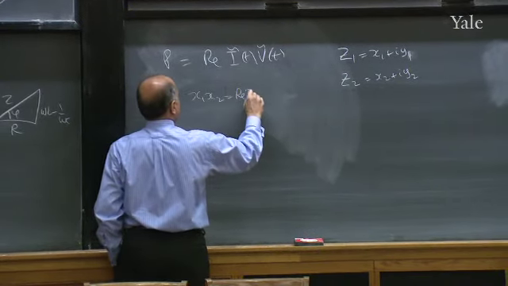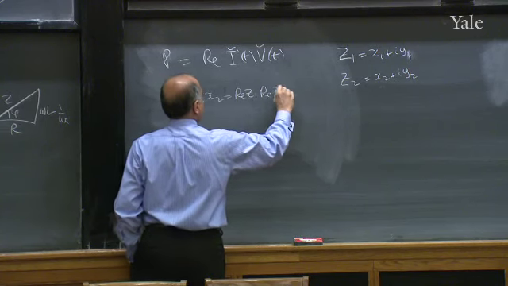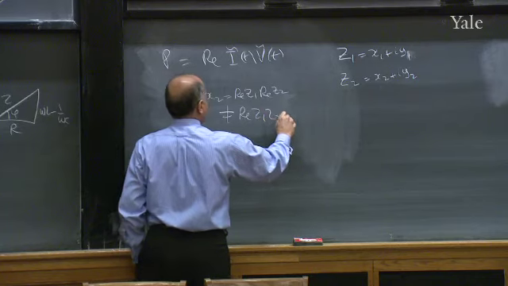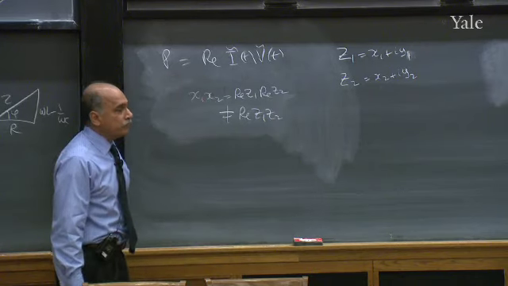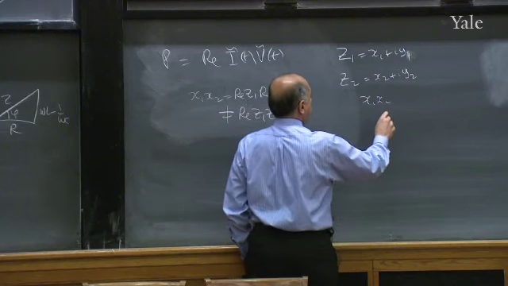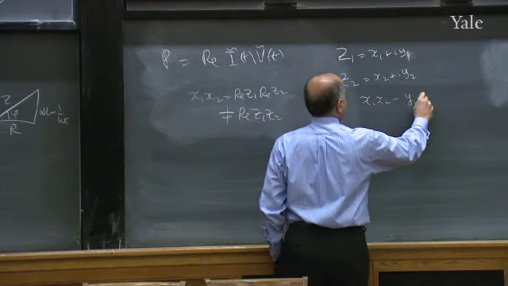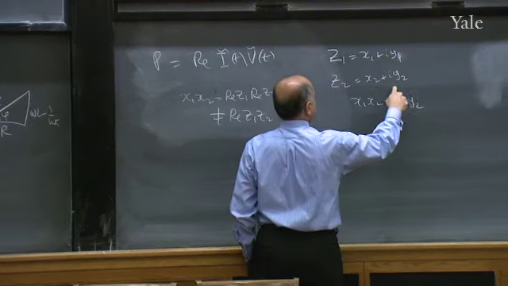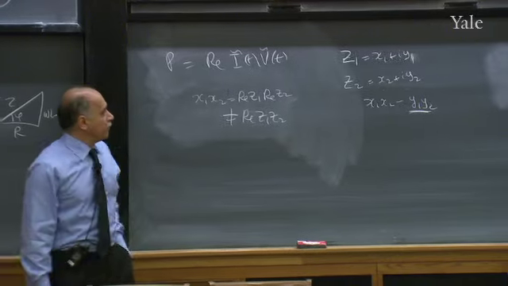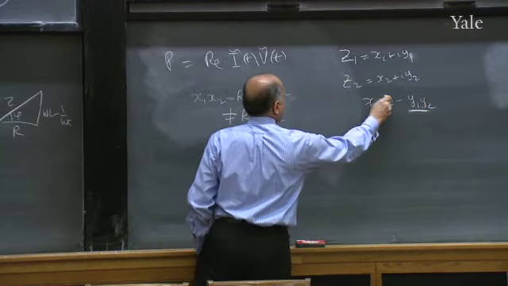That is the real part of z1 times the real part of z2. That is not equal to the real part of z1 z2. Because the real part of z1 z2 has x1 x2, that's pretty obvious, but it also has minus y1 y2, because when these two imaginaries multiply, they can contribute a real part. But what you wanted is the analog of this one.